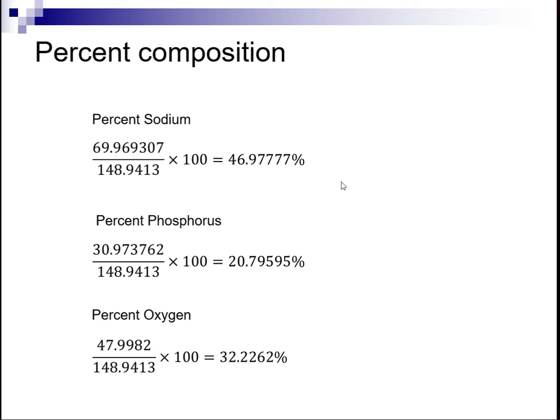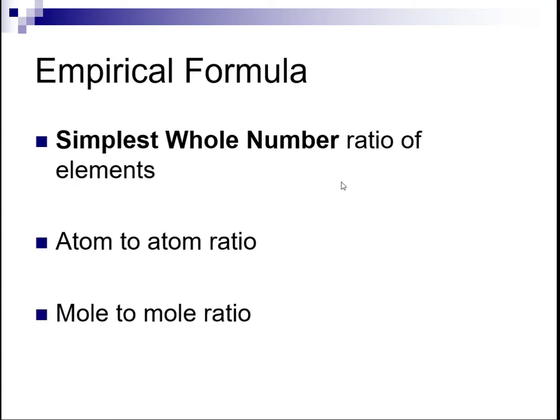The next thing we're going to do is figure out what the empirical formula is of different substances. So the empirical formula, what is it? It is a simplest whole number ratio of elements. So what I mean there by simplest whole number ratio is pretend I have a compound that is C2H2.